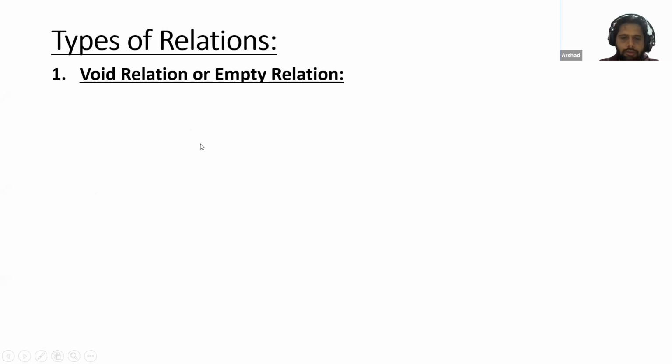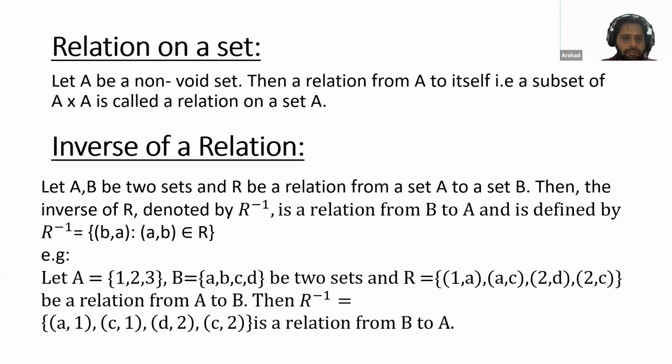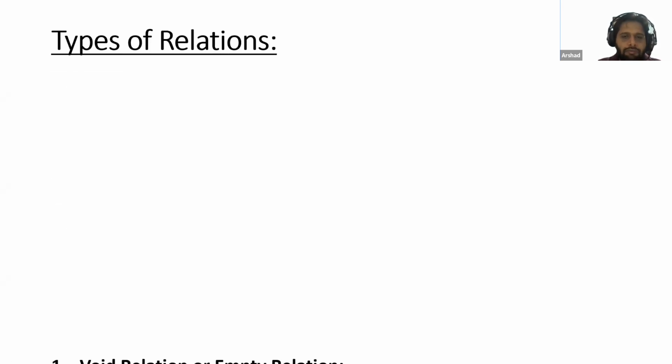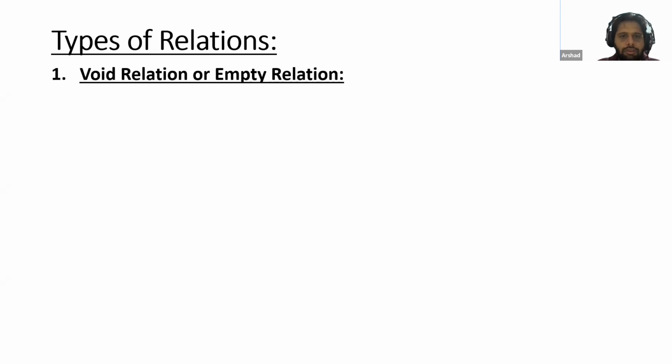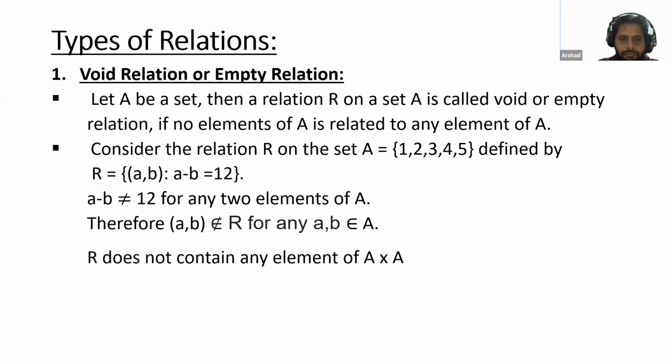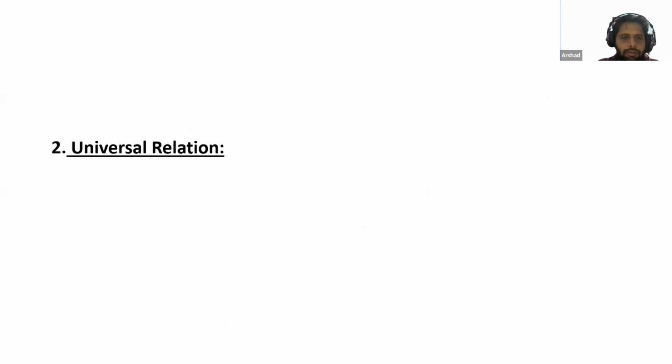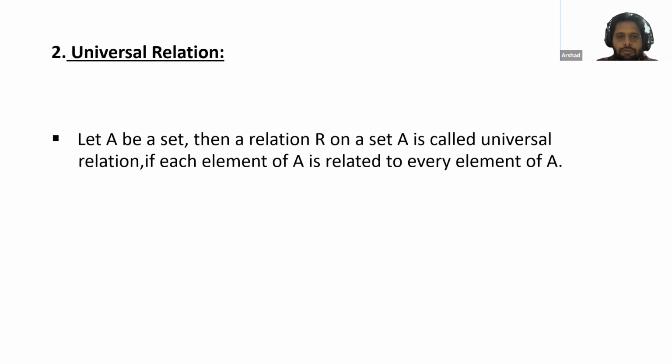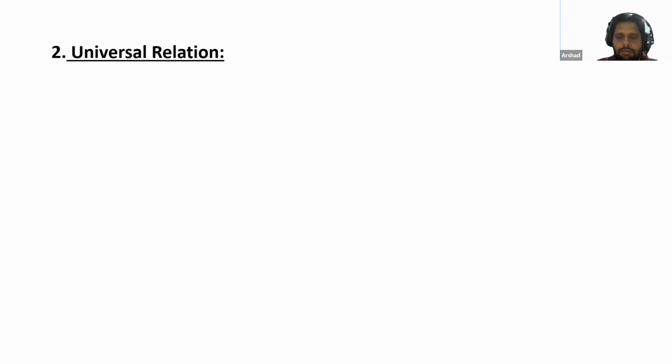We have already done the inverse of a relation. After that, we have types of relation. So, have we completed the void relation? I guess we have done the void relation. Yes, we did. And then we have the universal relation. Universal? No. Okay.